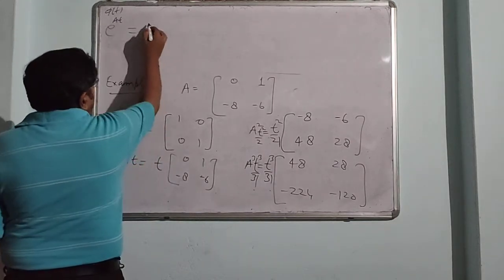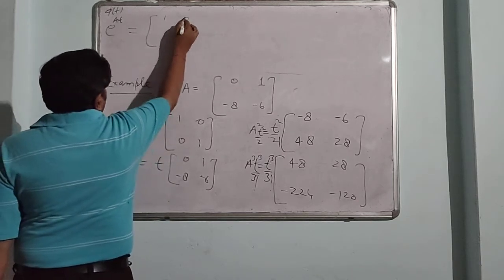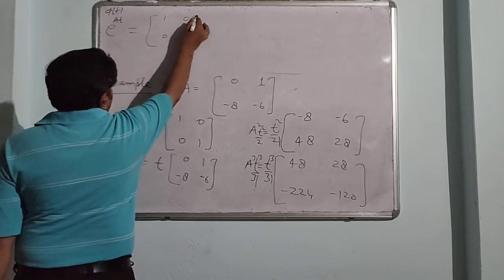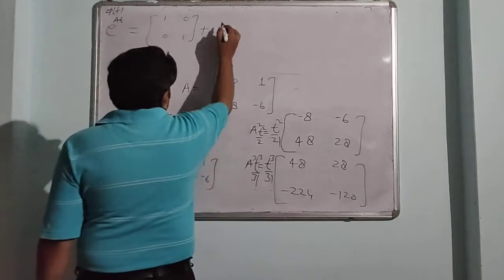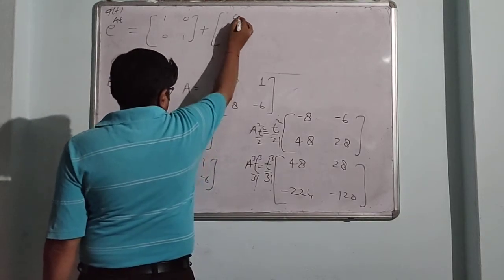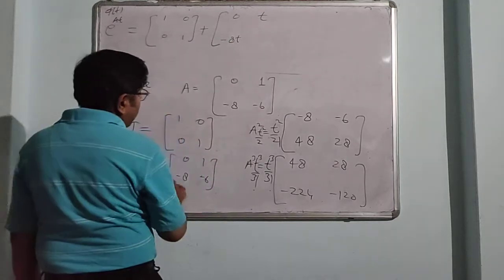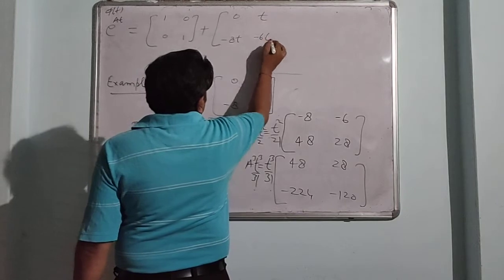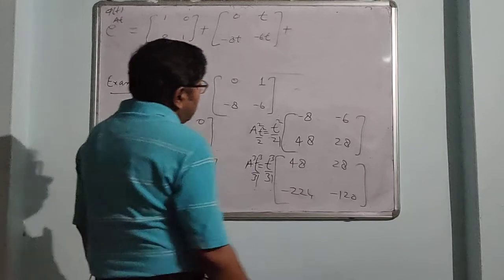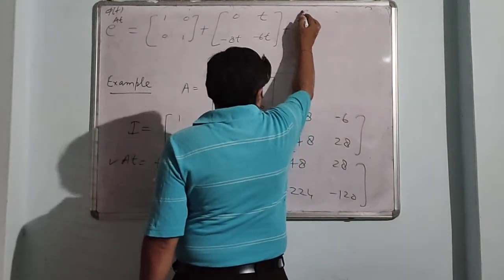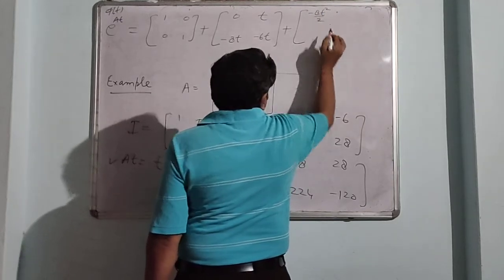That is, first term is I, means 1 0 0 1, plus second one, that is 0 t minus 8t, and this is minus 6t, plus you have to use this term. So this is minus 8t square upon 2.